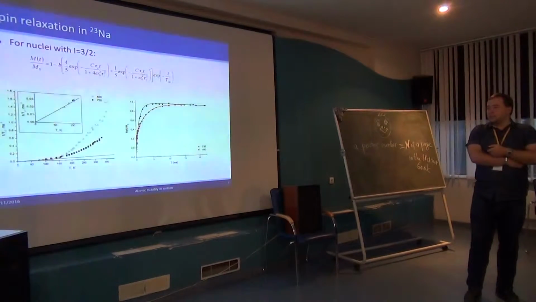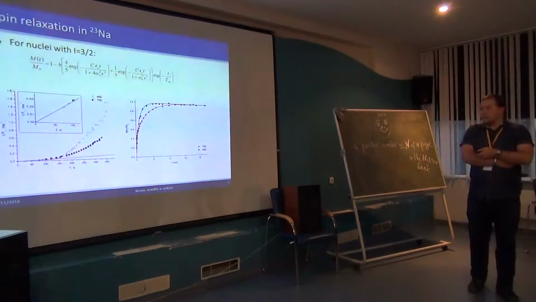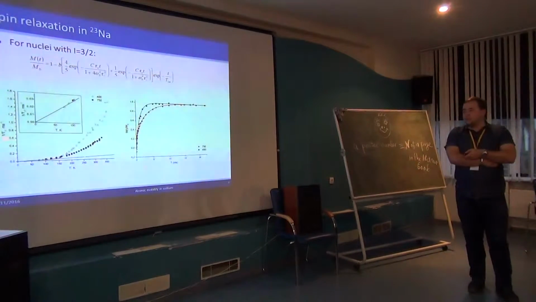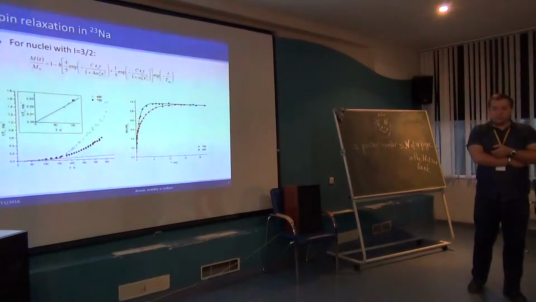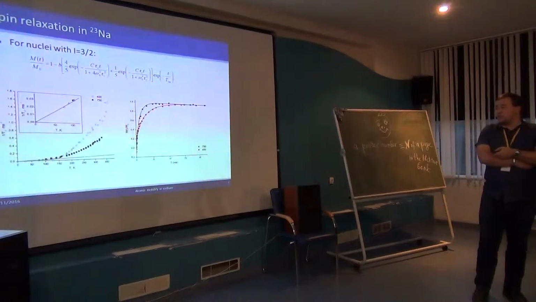Let's perform temperature measurements at low temperatures and take into account the dependence of inverted T1. When the atomic mobility slows down at low temperatures, this contribution to the magnetization recovery is almost absent. And the proof of this effect you can see here.